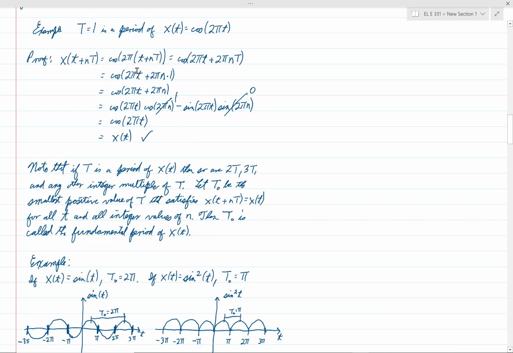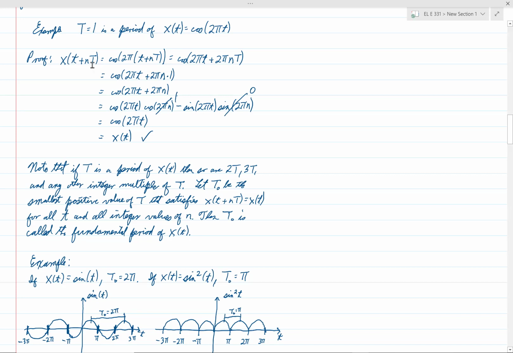And so up here, 1 actually is the fundamental period of cosine of 2 pi t. You can try it if you want, but you'll see you cannot find any smaller value of capital T that would always satisfy the equation x of t plus nT equals x of t. But larger values such as 2 or 3 or 4 or 5 would work. Okay?